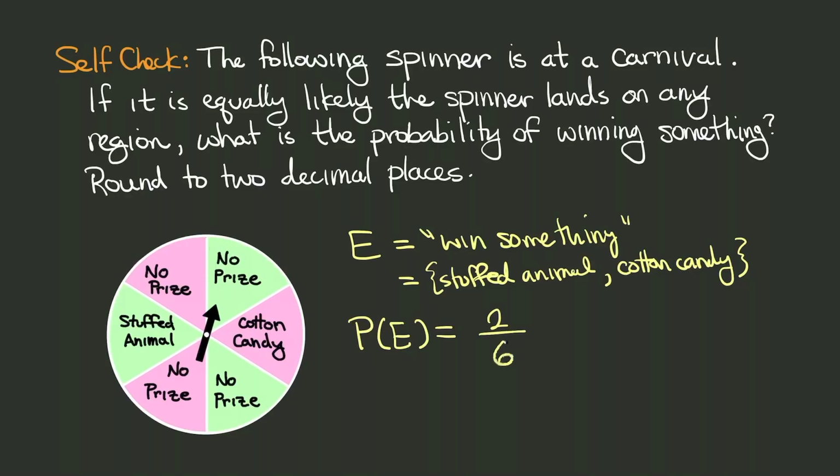So we have 2 over 6, which is 1/3, or we could write this as a decimal as 0.3 repeating. We're supposed to round this to 2 decimal places, so looking at the next decimal place, we see that we need to round down to 0.33.